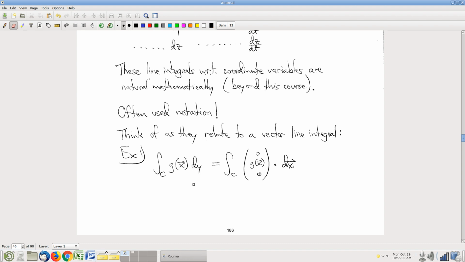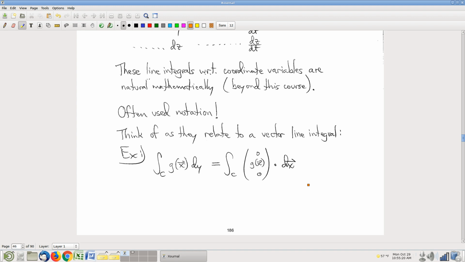And then you recall that this is one of these new kinds of coordinate line integrals, as I like to call them. And so you see this coordinate line integral, and you should then say, okay, what vector field is it that dot product with dx gives me this thing? And you can kind of reverse engineer it.